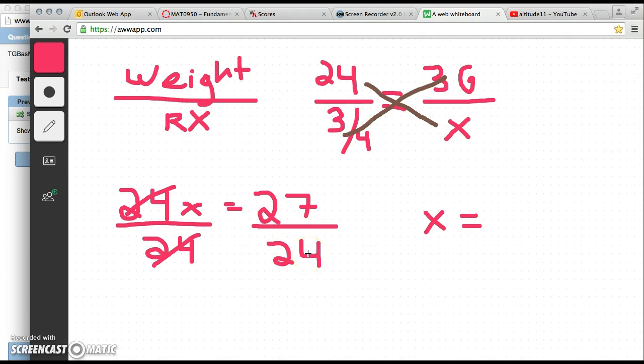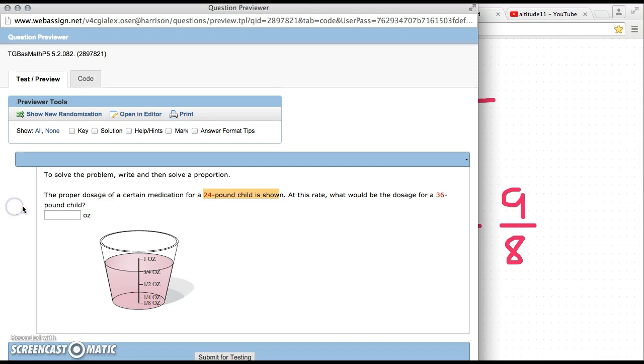All right, so 27 divided by 24, you can factor a 3 out of both of these. So 27, take a 3 out of that, you're left with 9 all over 24. Take a 3 out of that, and you would have 8. And now remember our units here. I didn't really write those out. I should have.